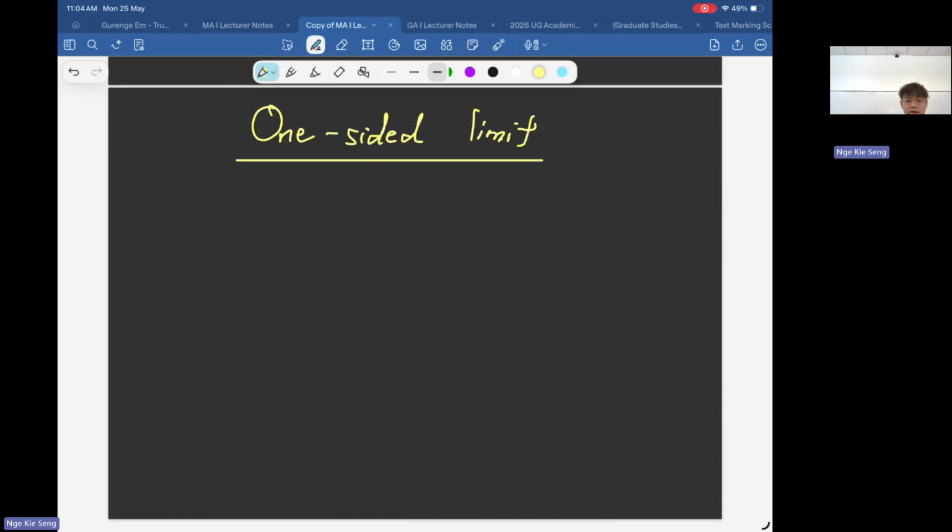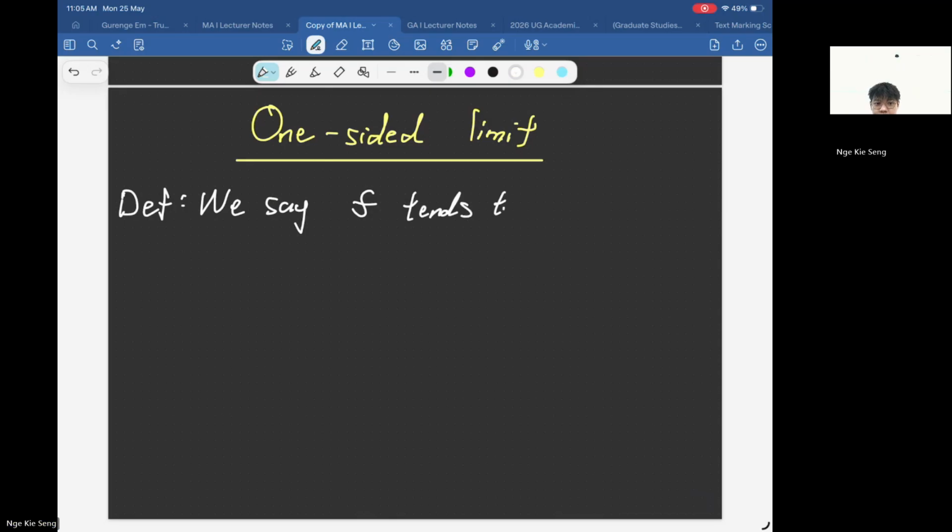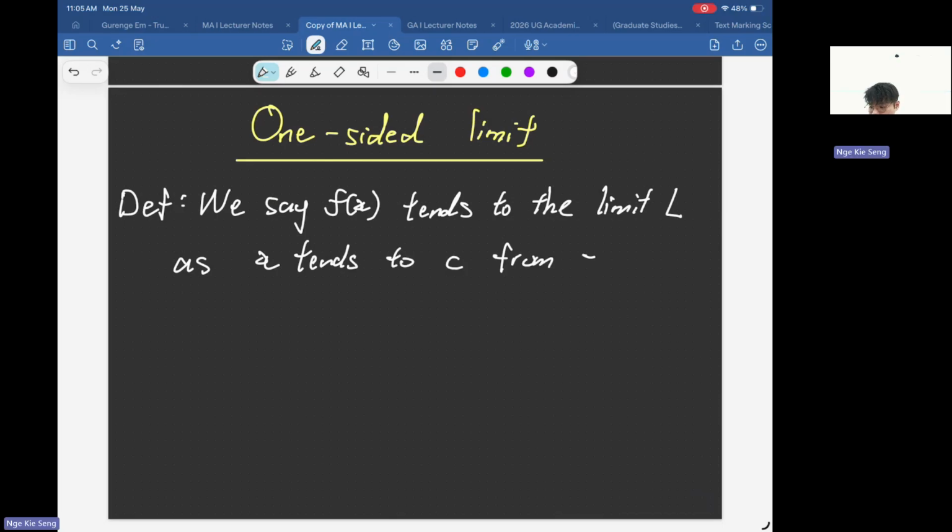So how do we define it? We say f(x) tends to the limit L as x tends to C from the right.